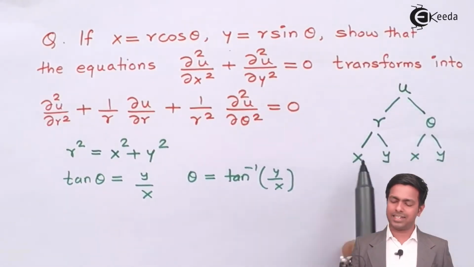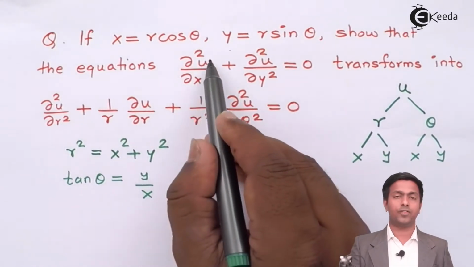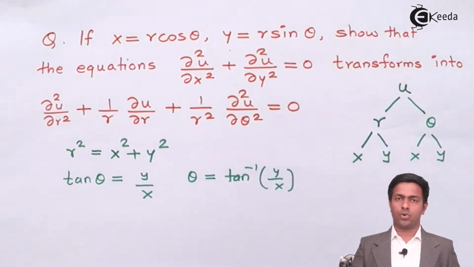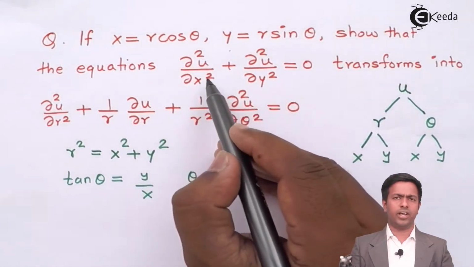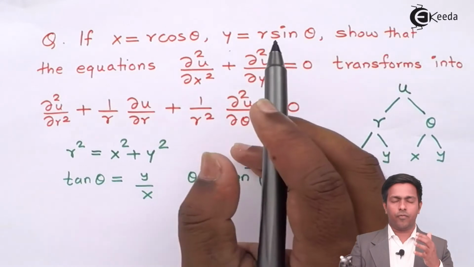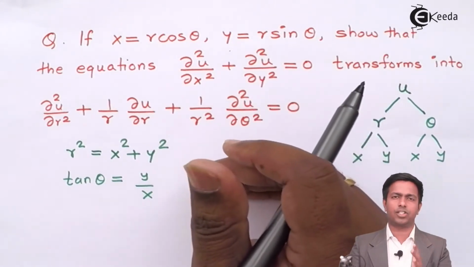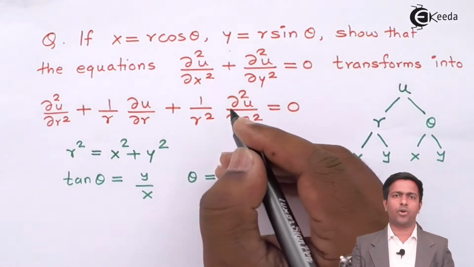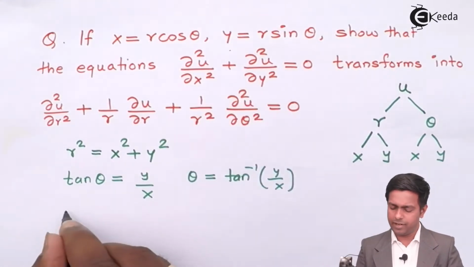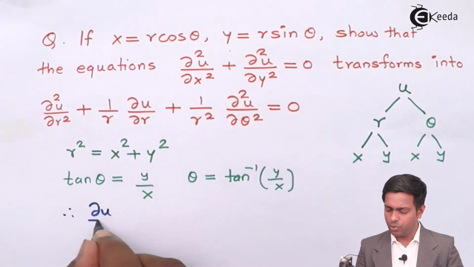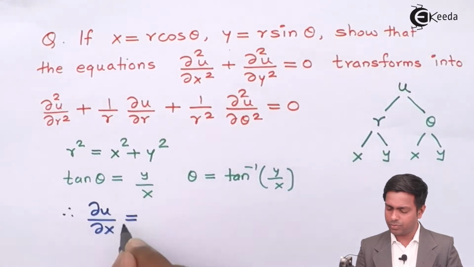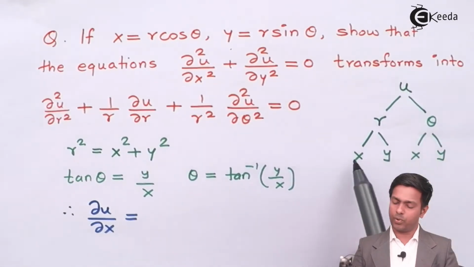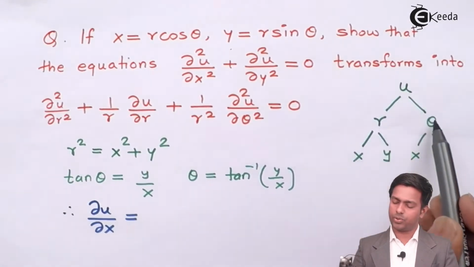And now from this tree diagram, we are going to find out the value of del square u by del x square and del square u by del y square. So let's start. This is second order differentiation, so first of all we need to find out the first order derivative term and then we'll differentiate it again to find out the second order term. Therefore, the value of del u by del x is equal to... there are two paths going from u to x, that is u to r, r to x, and u to theta, theta to x.